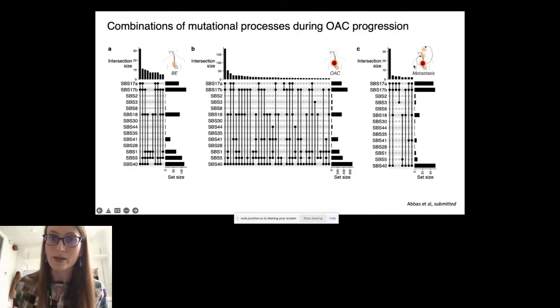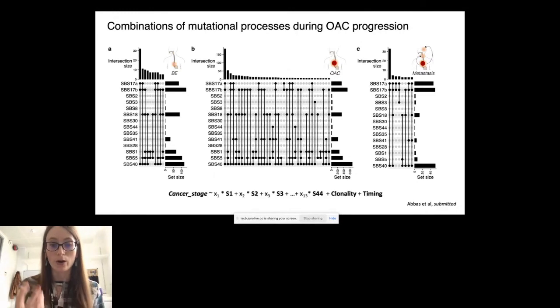Are there certain processes that act primarily in one stage? So to model this, we asked, can we model the cancer stage based on the combination of mutational processes while taking into account the clonality of the mutations and their timing as well?